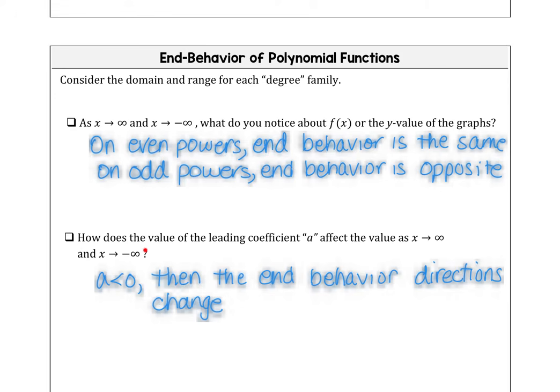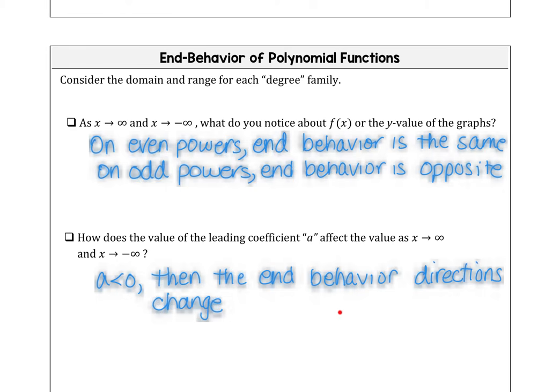And how does the value of the leading coefficient a affect the value as x moves right or as x moves left? We notice that if the a value was a negative leading coefficient, then the end behavior directions changed. Instead of going down to up, it went up to down if it was odd.